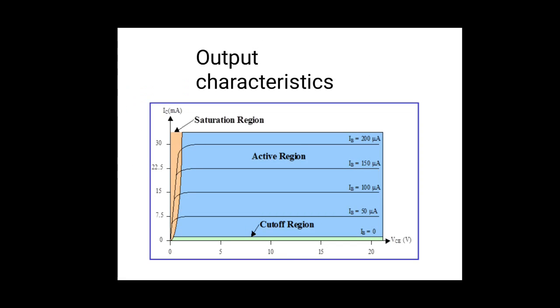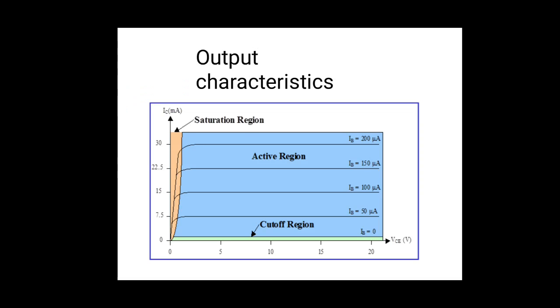Okay, so the next one is the output characteristics. How can we find out the output characteristics? It is a graph of output current versus output voltage with the input current kept constant. Listen carefully.